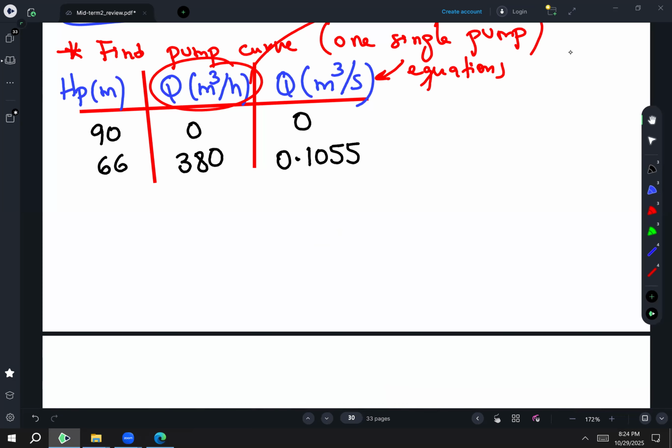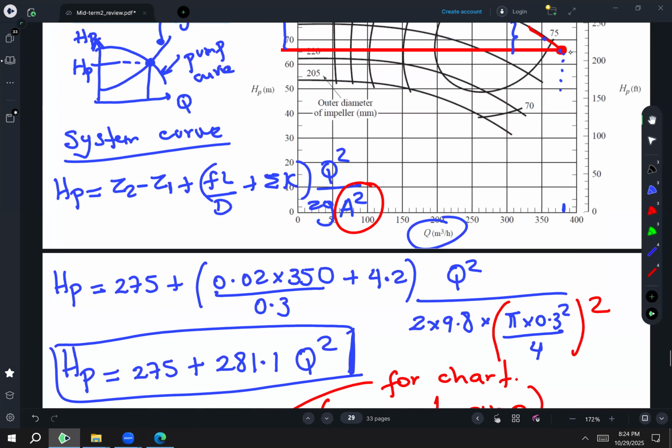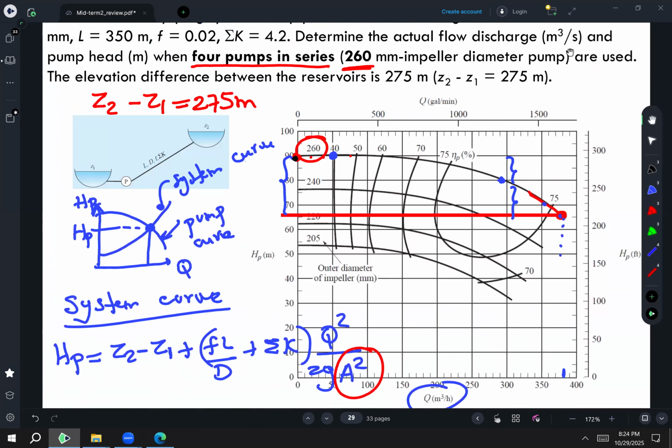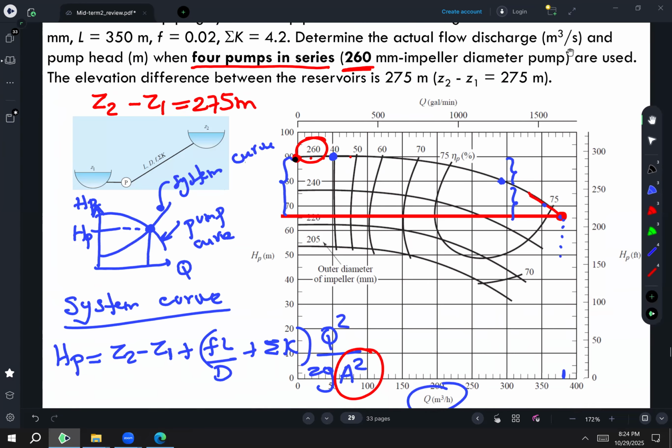Now we need one more point. And as I mentioned before, that point has to be more or less in the middle between the heads. So we can choose, for example, this point here, it's 80. So the intersection will be this point. So the head will be 80, and the flow discharge will be closer to 300, 295.